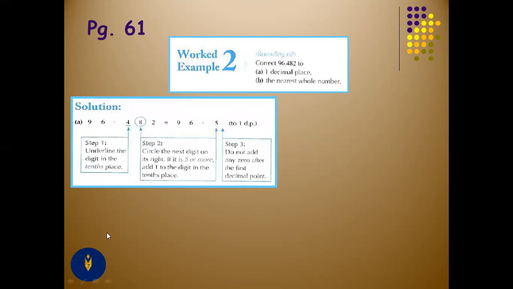अब ये है कि हम लोग अगर पॉइंट से पहले देखते हैं तो क्या होता है.